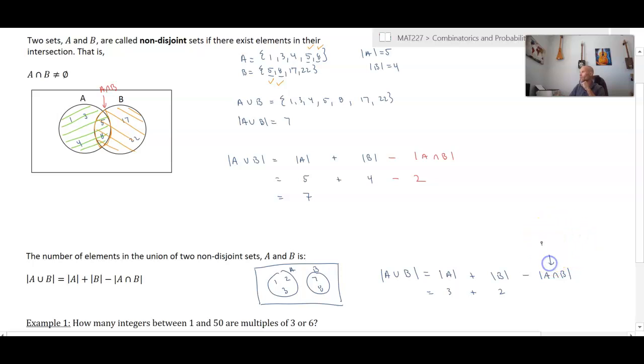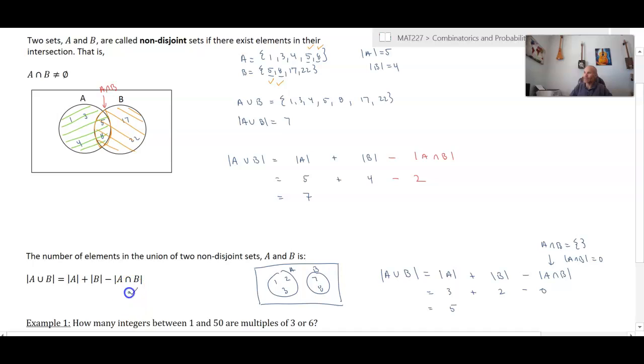Their intersection is empty, and so the size of A intersect B is actually 0, so I wouldn't be subtracting away anything. All I really needed to add was the size of A with the size of B and subtract away 0, so I could have omitted that term altogether.